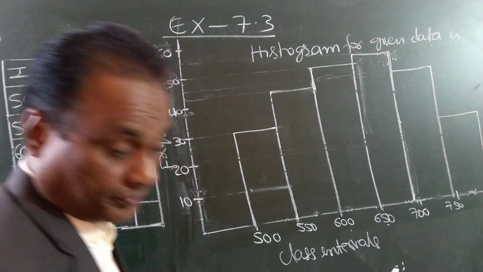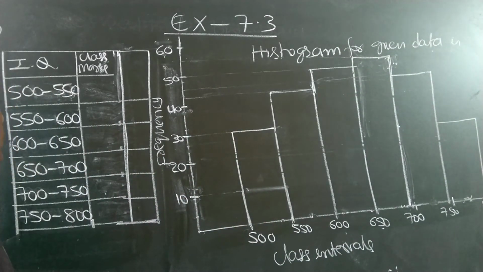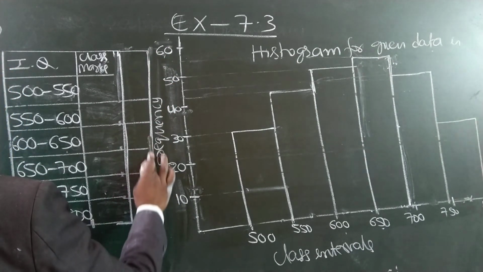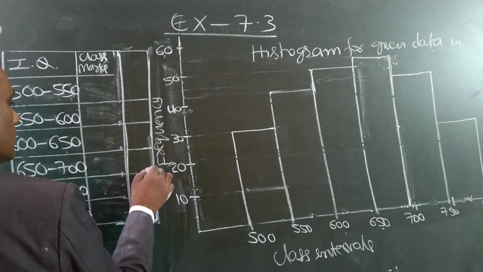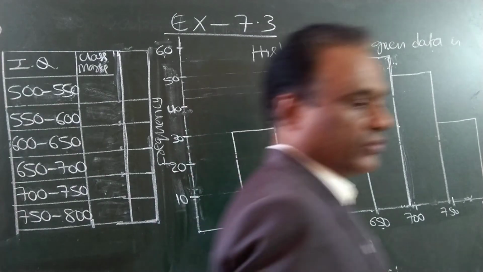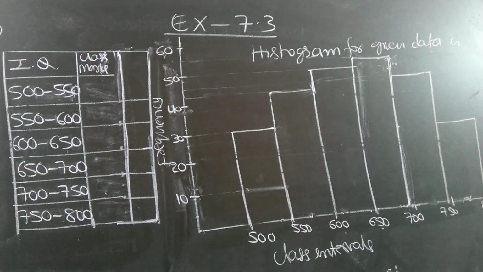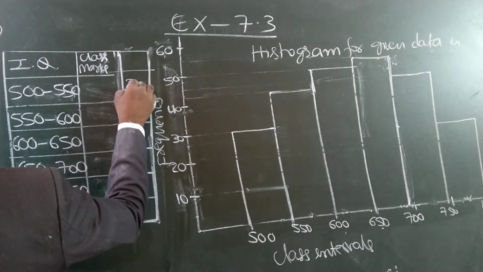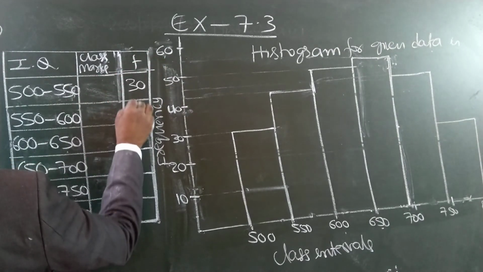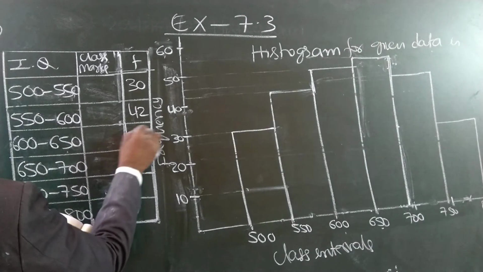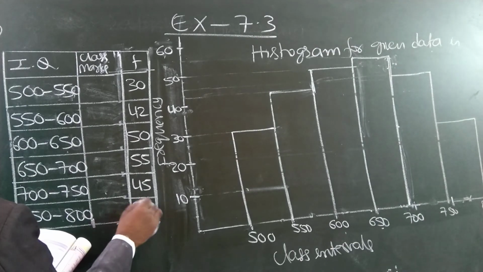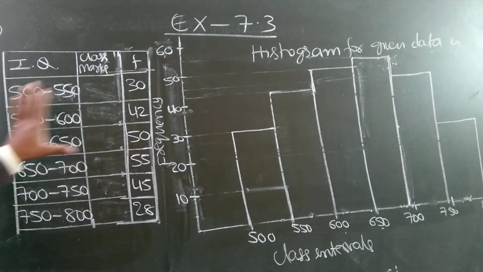Class mark. Students, the frequency is given anyway. I write the frequencies: 30, 42, 50, 55, 45, 28. So the class interval and frequency are given.